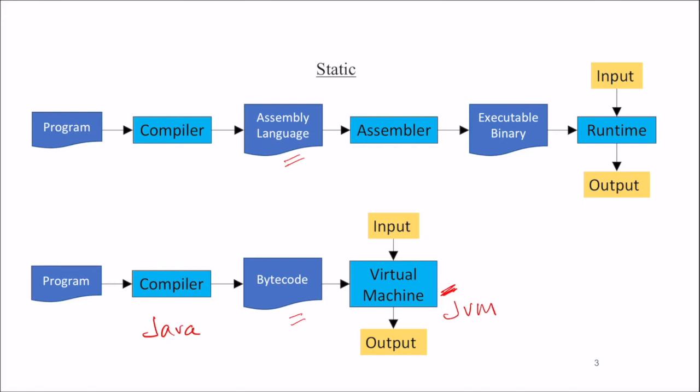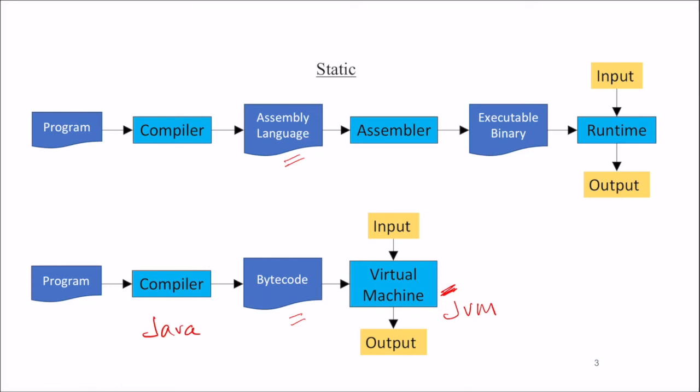And one of the advantages of this is as it's running the code on this virtual machine, it can do optimizations on the fly as it's running the code. It's called just-in-time optimization.